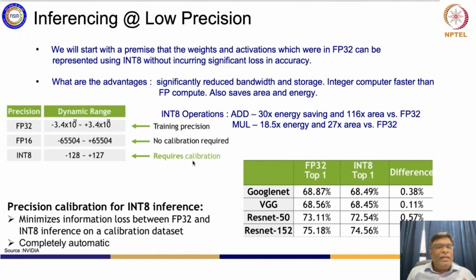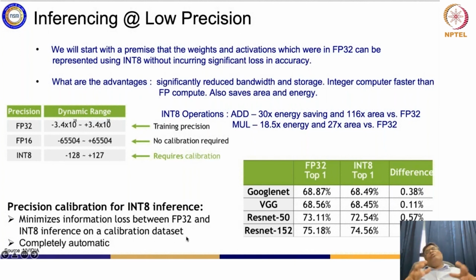So this basically means that when you do this precision calibration for int 8 inferencing, it minimizes the information loss. Try understanding what effectively happens when you do the calibration: we minimize the information loss between FP32 and int 8 inference on a calibration data set.